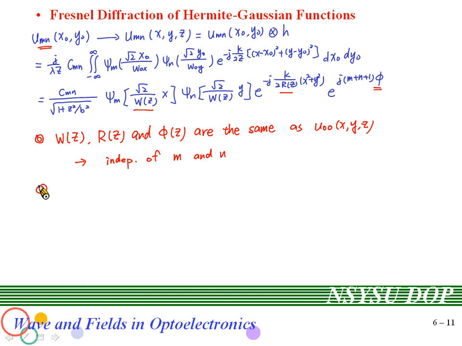The second property is that although these three are the same, there still exists a difference. What will be the difference? The only difference is here, exponential j times m plus 1 times phi.